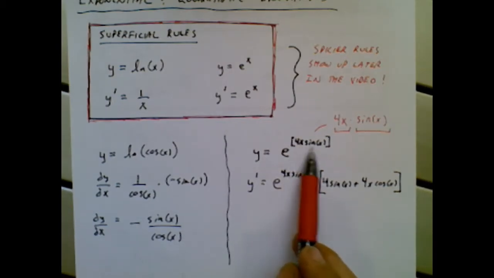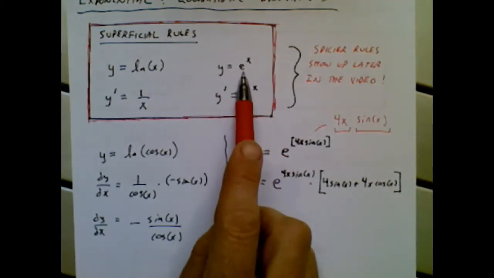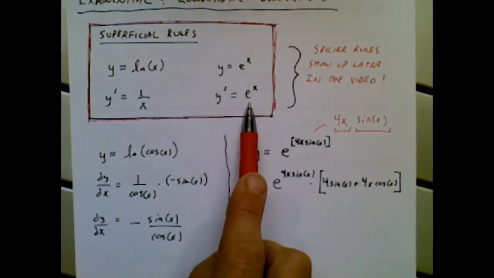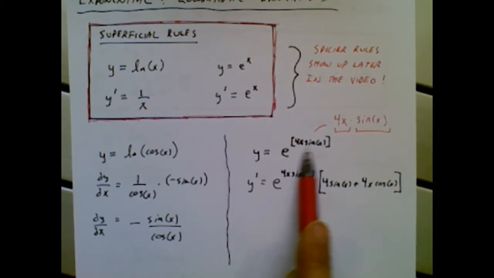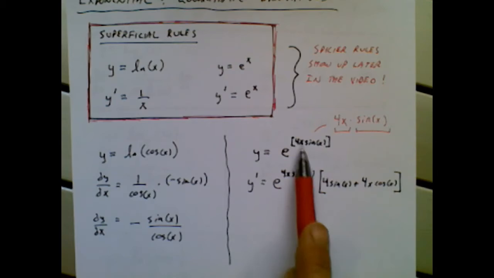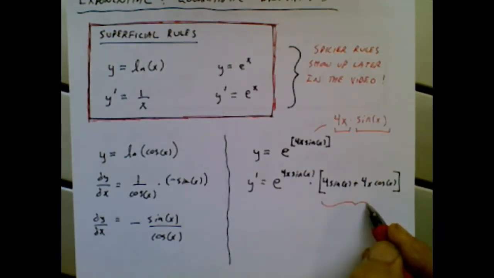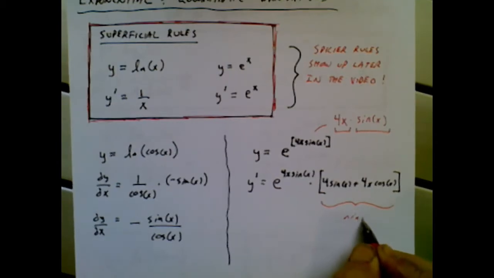It's another ninja. There's a 4x sine of x living inside of an e to the x. The rule says just rewrite the function and you have the derivative. So I take the function and I rewrite it. Then the other thing I have to remember is this thing was living inside of e to the x. So this entire piece is the ninja.